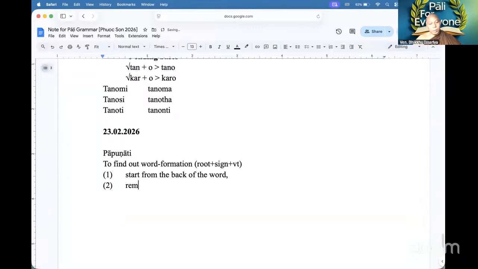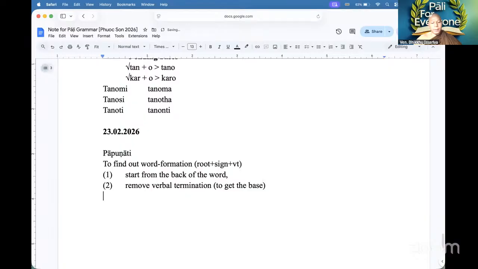First, remove the verb termination, to get the base.